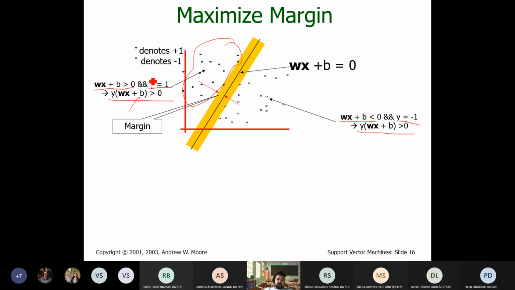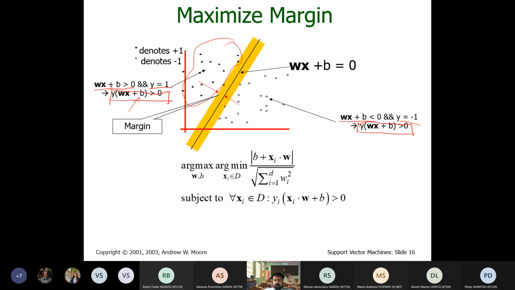So we need to have wx plus b multiplied by y to be greater than 0 for all the points. So this is another restriction that we have for our problem. Okay, so these are the two things that we need in order to define the real problem that we are solving.